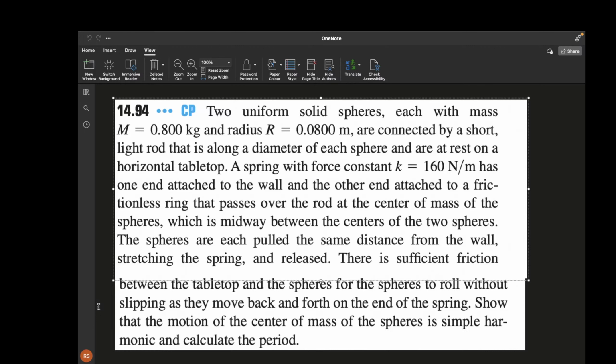Like this. A spring with a force constant k, 160 newton per meter, has one end attached to the wall and the other end attached to a frictionless ring that passes over the rod at the center of mass of the spheres, which is midway between the centers of the two spheres. So you have a center of mass over here, you have a little ring over here to which you connect a spring whose other end is connected to a wall.